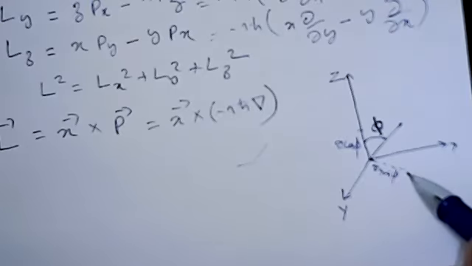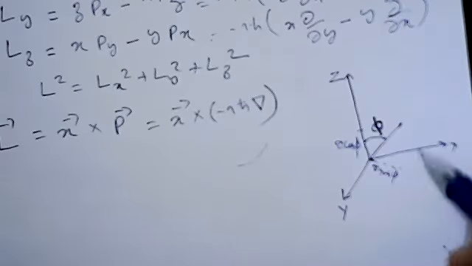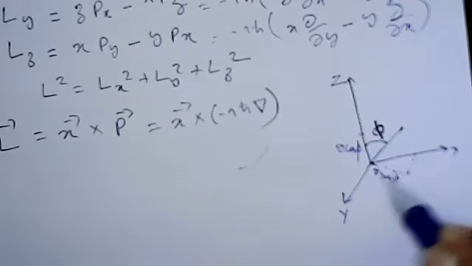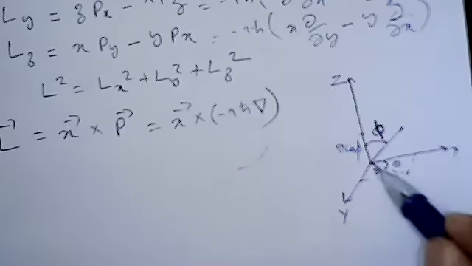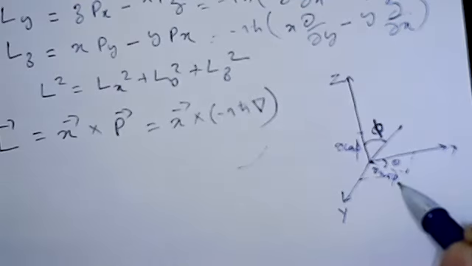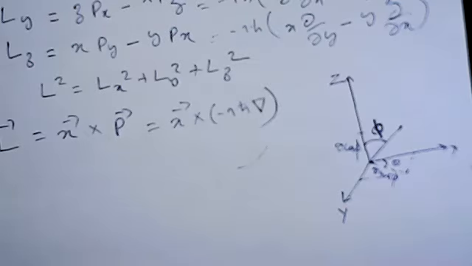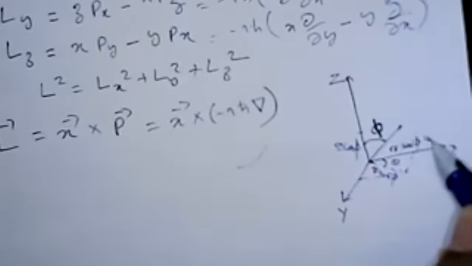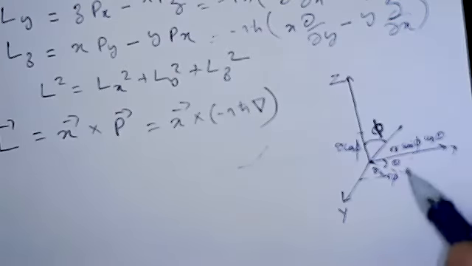Now the component of r sin phi along the x and y direction: take the angle between the projection and the x-axis as theta. So r sin phi, its component is r sin phi cos theta, the adjacent component.